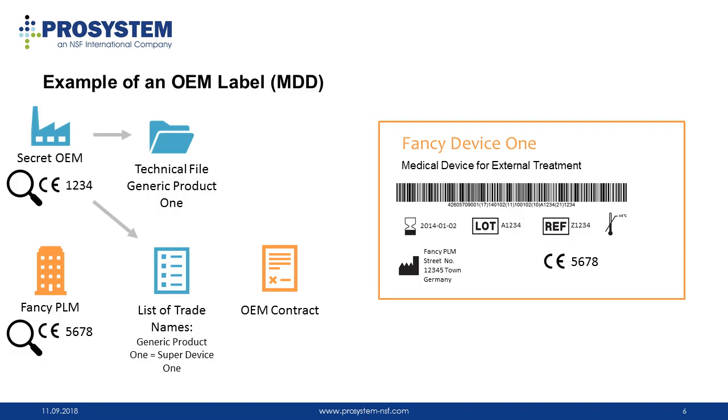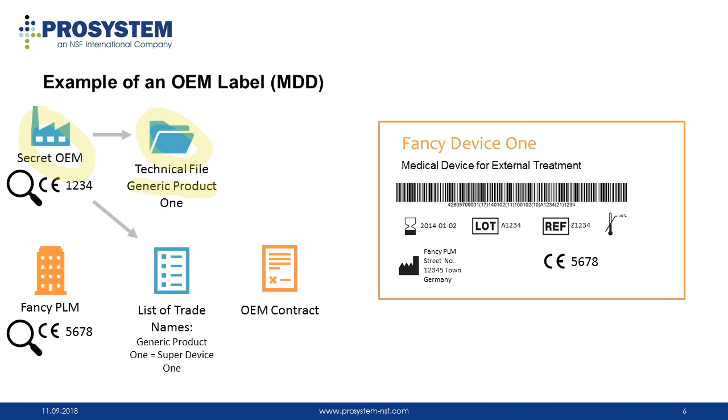So currently the situation is that, like I described, the OEM manufacturer has the technical file under his control. He produces this technical file for his generic product, and this technical file is then also presented to their notified body or to the local authority if that is necessary.